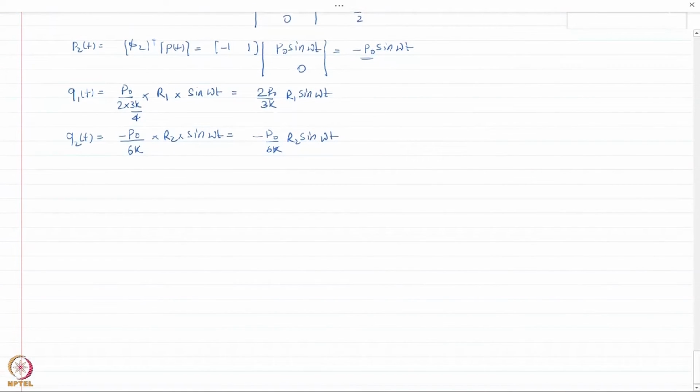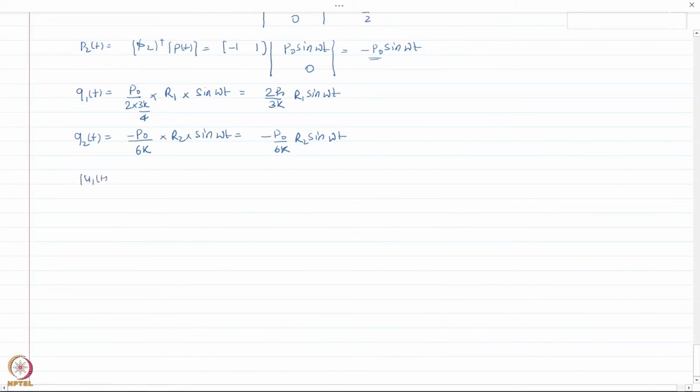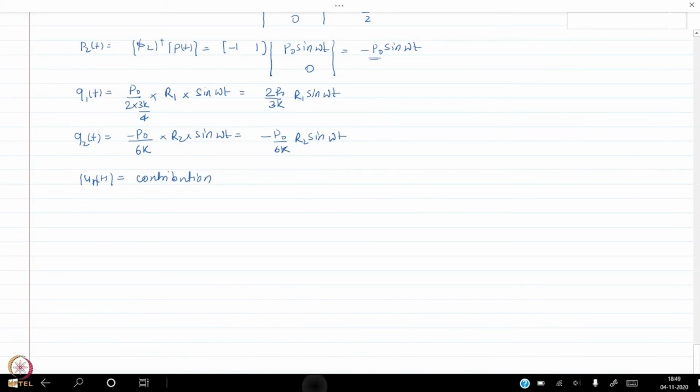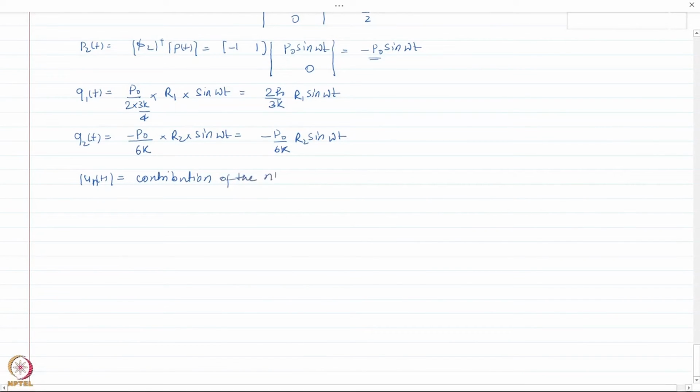Before we get into that, since we have obtained Q(t), this is the modal coordinate, not the displacement of any degree of freedom. To get the displacement of any degree of freedom, let us consider un(t), the contribution of the nth mode to the total displacement response, which is u(t) here.